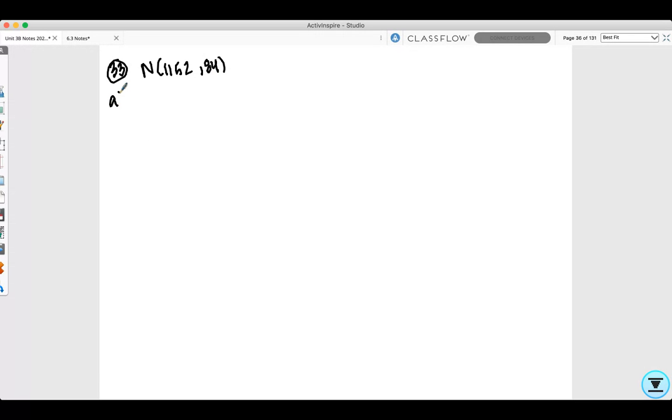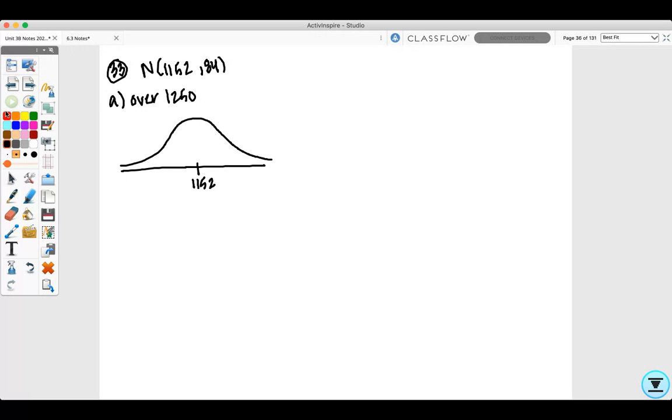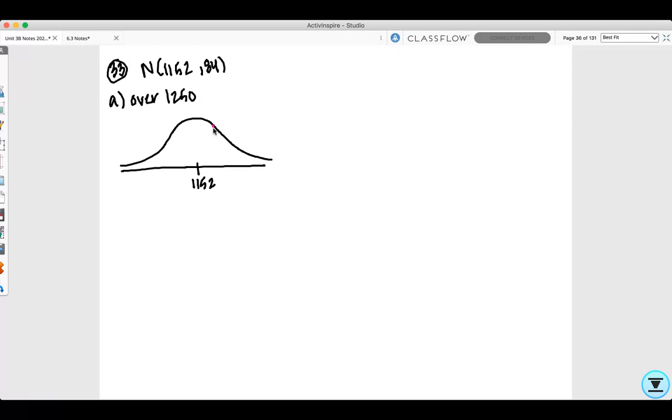Okay, so A was over 1250. So you need to go ahead and draw your normal model. So we have our mean of 1,152 and 1250 would be here.